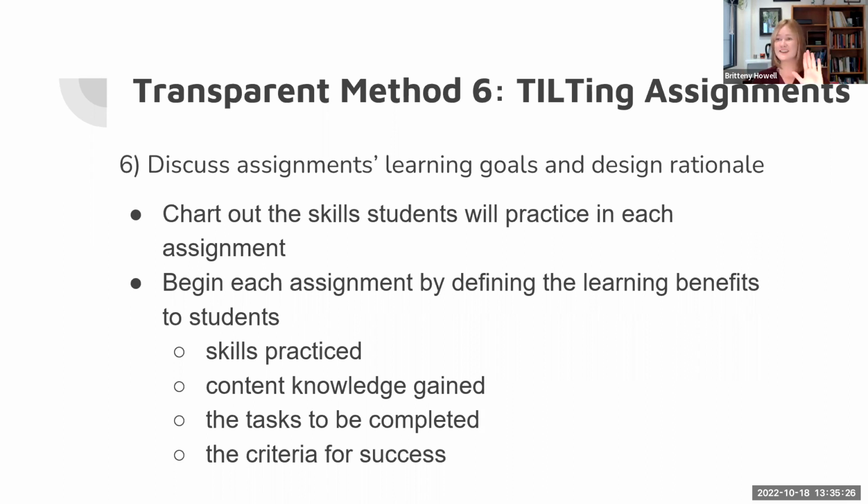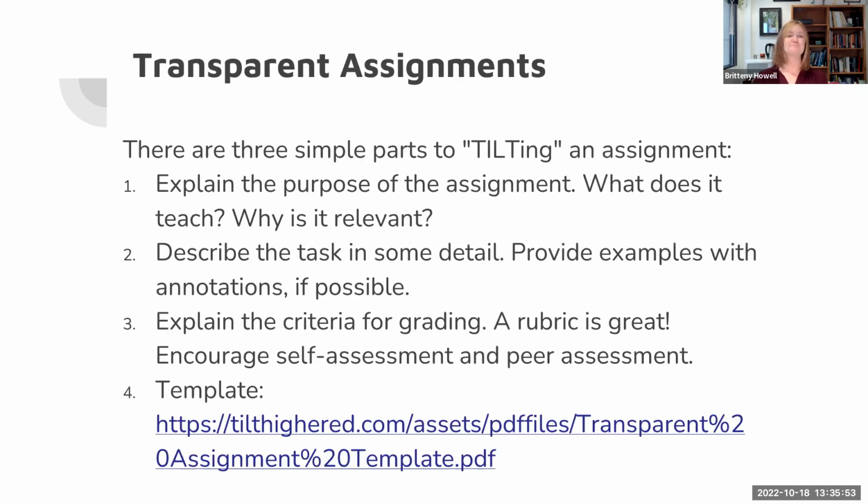It's not just one sentence of instructions and here you go, but instead, this assignment is going to chart out the skills that students will practice in their assignment. And so you begin by telling them, these are the skills you're going to learn. This is the content knowledge I hope you'll gain. These are the tasks you need to do in this assignment specifically. And here's the criterion for success, right? So let's look at what that means.